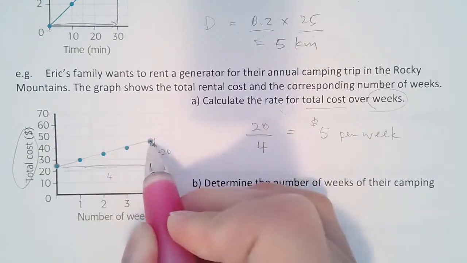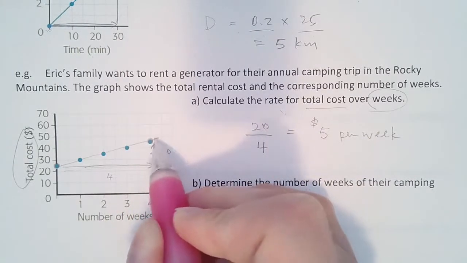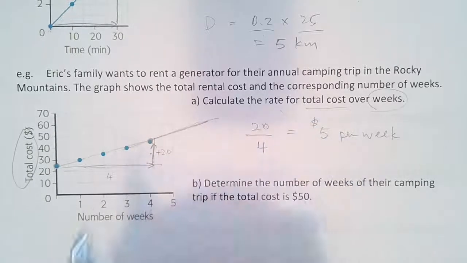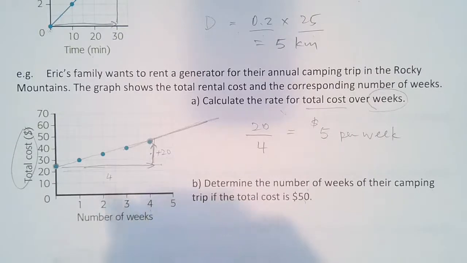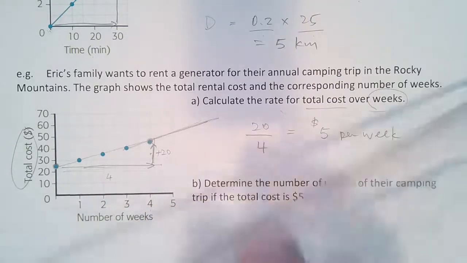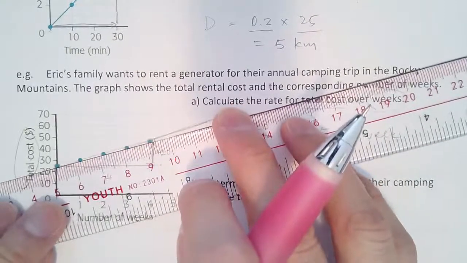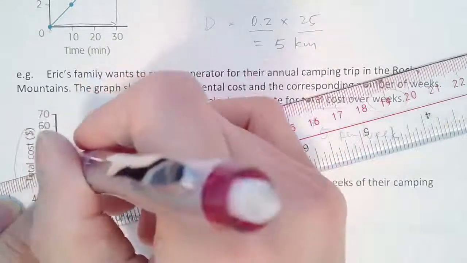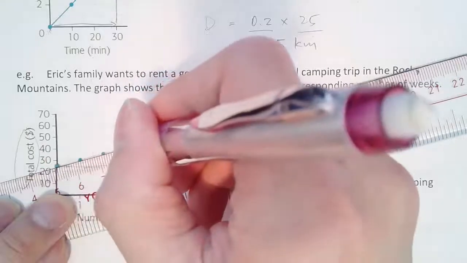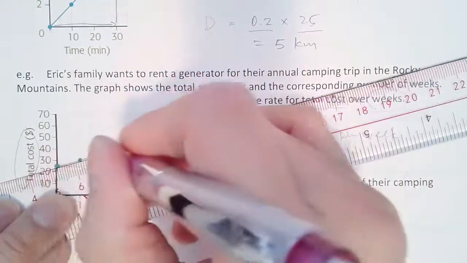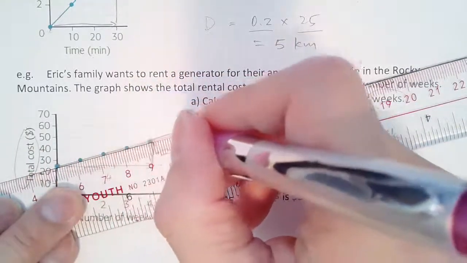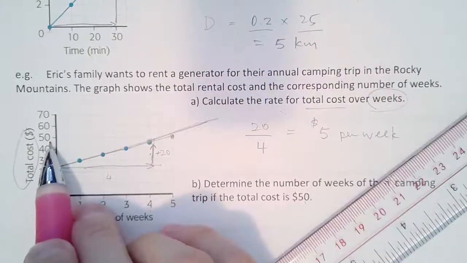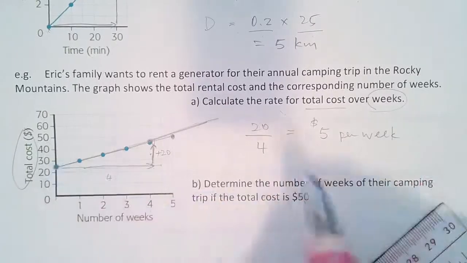By using a ruler and trying to make an estimate, joining the points together, make sure your line will actually hit the middle of each point. I'll be able to get to this for $50. So in this case, I can confidently say that it will be a 5 week camping trip.